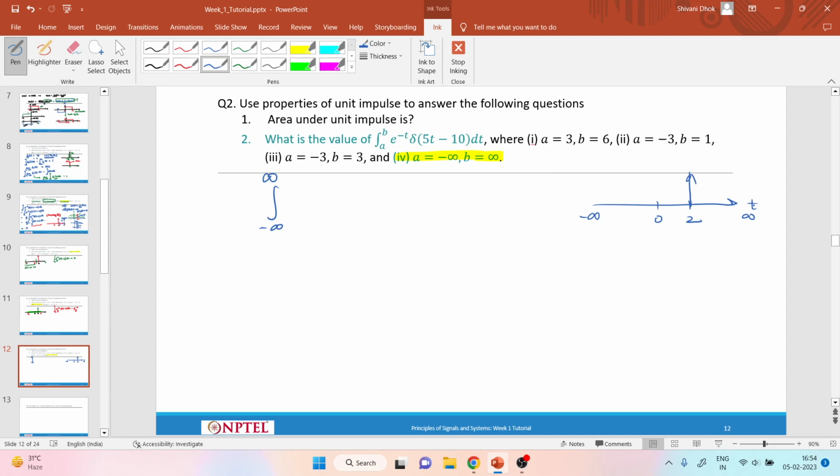And for the entire range, it is bound to give me an area under the curve of 1 because it is the property of your unit impulse. So this will be equal to e power minus 2 by 5.